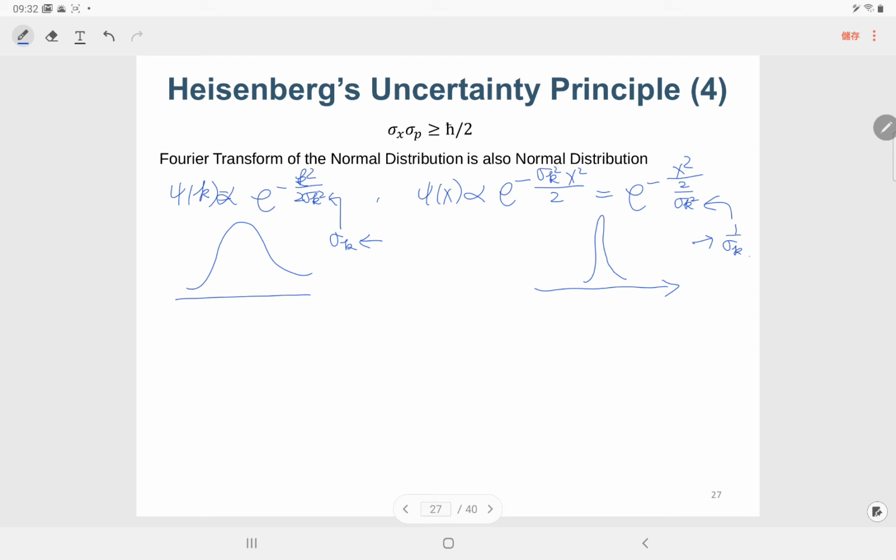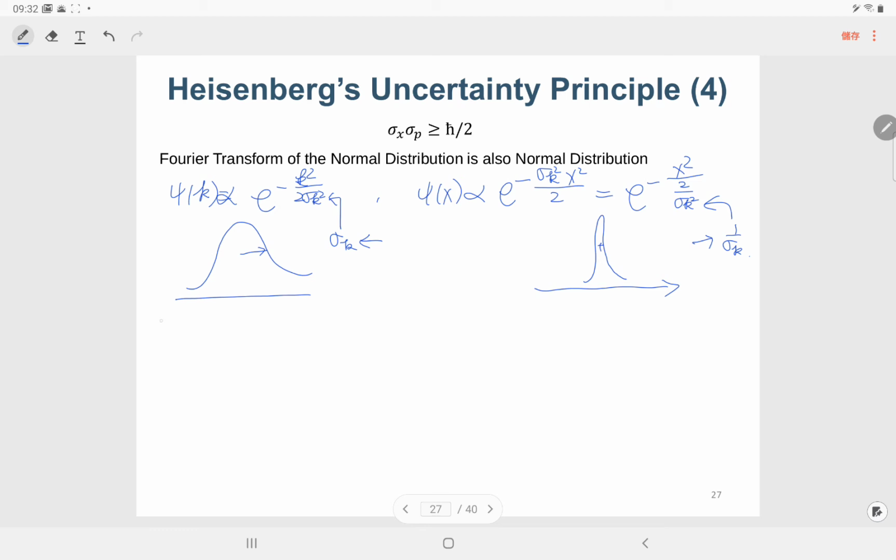So this one is wider, this one is narrower, which means that this one has more uncertainty, this one has less uncertainty, and vice versa. So in that case, sigma x, sigma p should be larger than 1/2 of h bar.